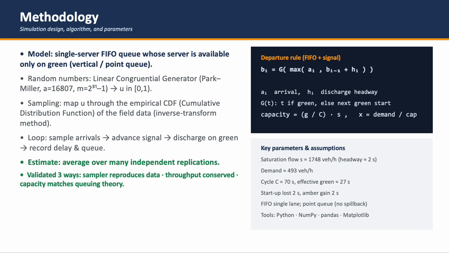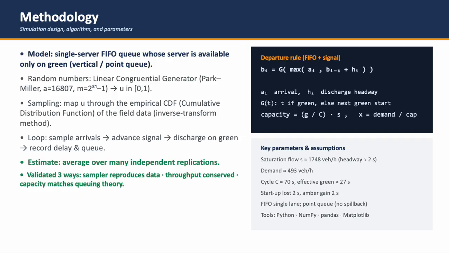If it falls on red, push it to the start of the next green. That single rule captures the entire queue-plus-signal behavior. From the headway and the green split, I compute capacity, green over cycle time times saturation flow, and the degree of saturation x, which is demand over capacity. x equal to 1 is the critical threshold.